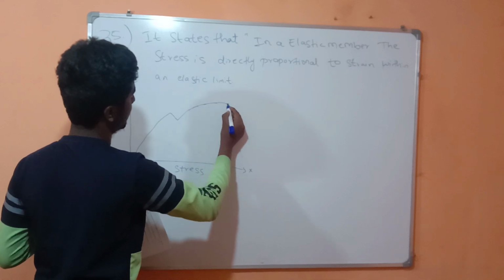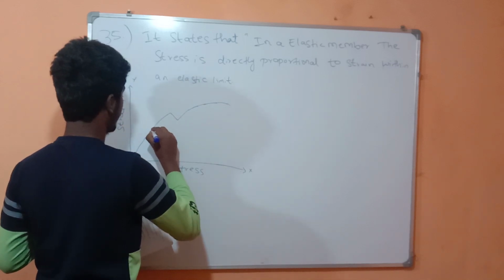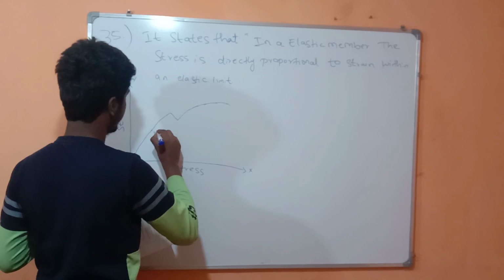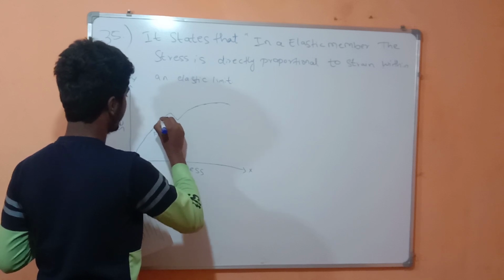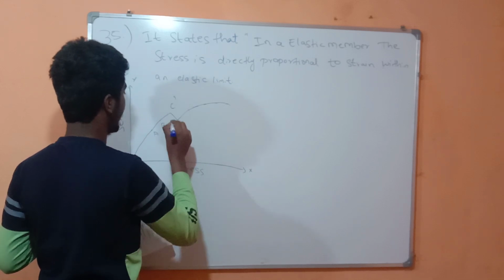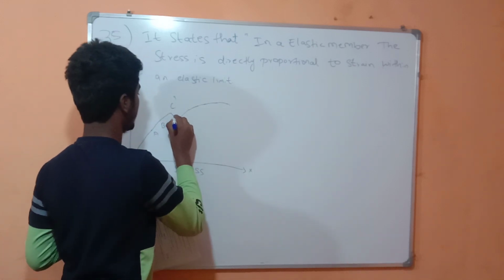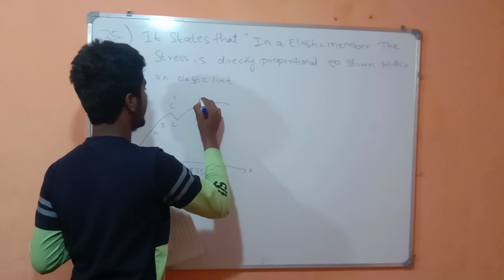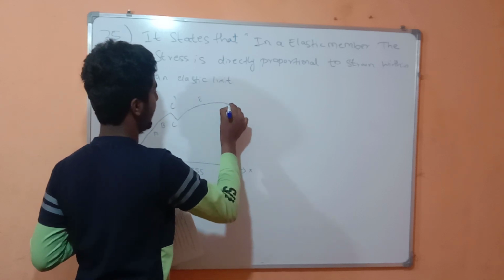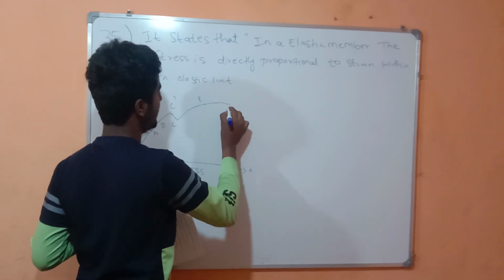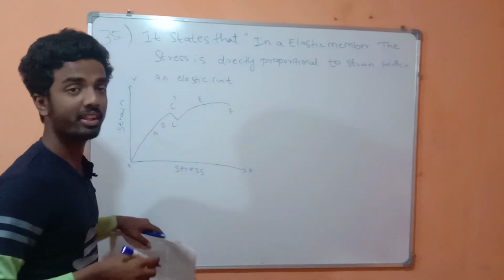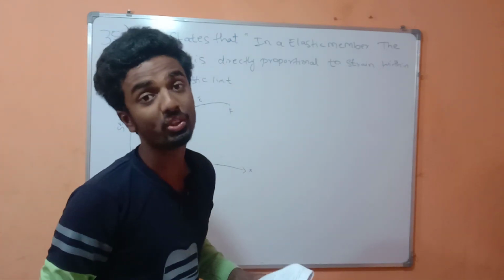See what happens. Here I will give the name A. Here B. It will be C dash. It will be C. And it will be E. And the dead end point will be F. Children, A is the proportionality limit.